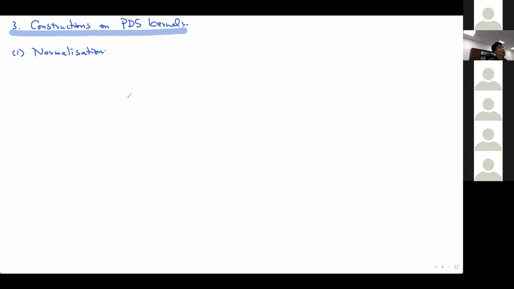What normalization is doing is this: suppose we have some input space, and then suppose we have a kernel K, and this kernel is PDS. Okay. So here's one way to construct a new kernel, K prime.